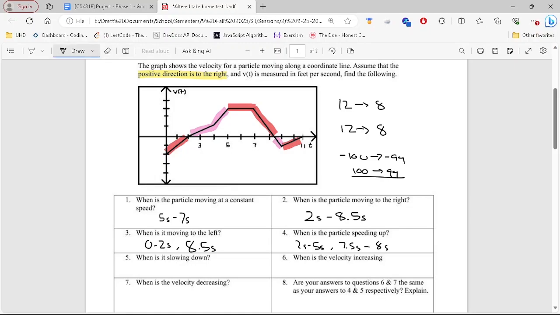So let's do it here. When is it slowing down? Okay, so let's try. I know for sure that this is slowing down, but I will show you using the method I just showed you.